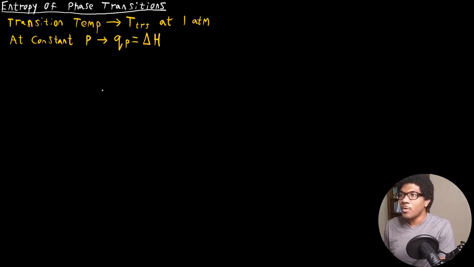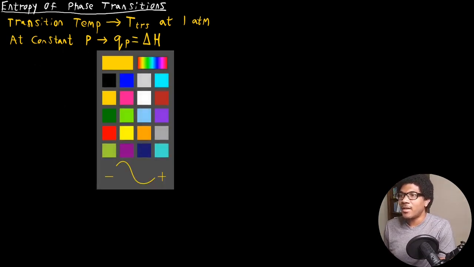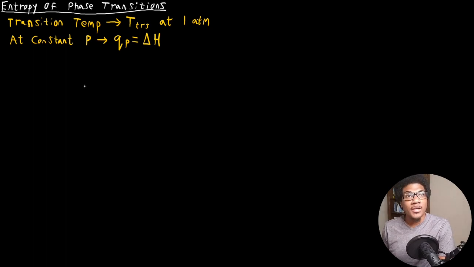So what we can do here is define an entropy for the phase transition using this transition temperature and the enthalpy of that transition. We can define an entropy of the transition by putting the enthalpy of that transition over the transition temperature.